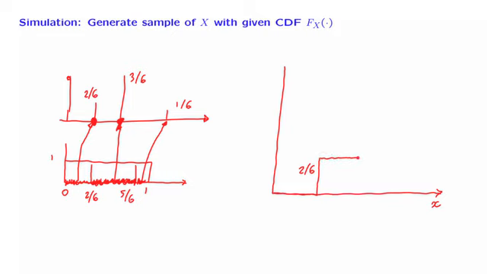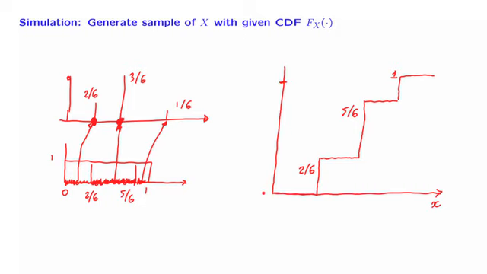Then it has another jump of size 3/6, which takes us to 5/6 at some other point, and that point here corresponds to the location of that value. And finally, it has another jump of 1/6 that takes us to 1 at another point that corresponds to the third value.